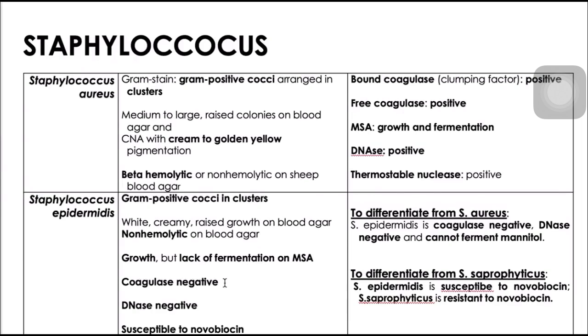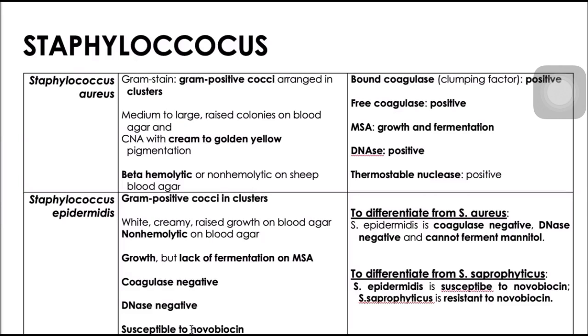Again, Staphylococcus aureus is coagulase positive, while the rest of the Staphylococcus are coagulase negative. Staphylococcus aureus is DNase positive, while the rest are DNase negative. For us to differentiate Staphylococcus epidermidis from Staphylococcus saprophyticus, we are using novobiocin antimicrobial testing, wherein Staphylococcus epidermidis is susceptible to novobiocin, while saprophyticus is resistant to novobiocin.